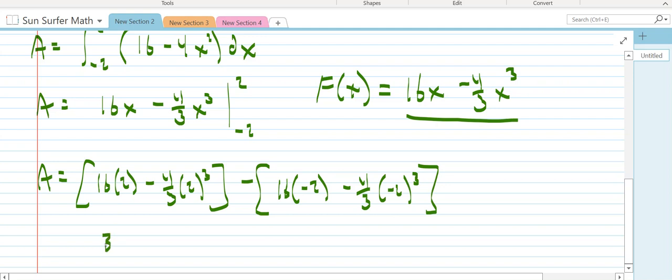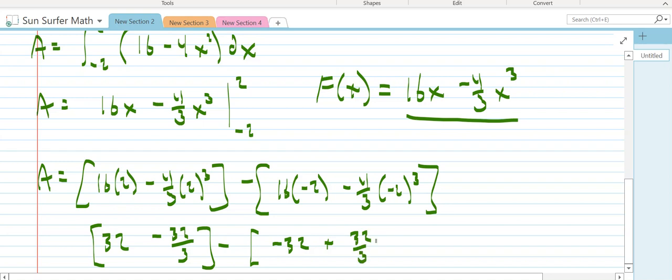16 times 2 is 32. 2 cubed is 8, times 4/3 is 32/3, so minus 32/3. Minus -32, and then here we're going to have a plus 32 over 3. A lot of fractions. Get used to that.